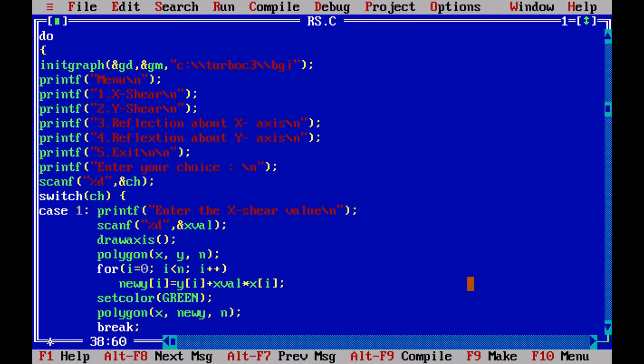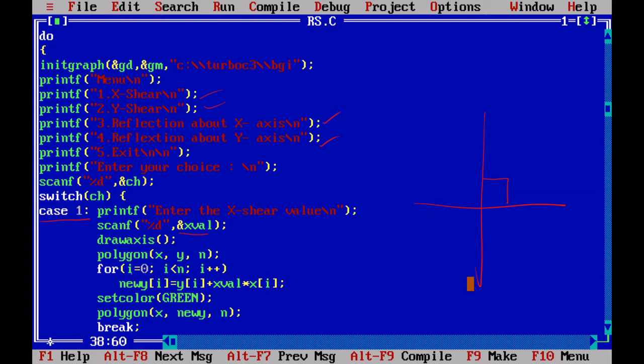Here also we are going to display a menu in an infinite loop: x shear, y shear, reflection with respect to x axis, reflection with respect to y-axis. If it is case 1, as I said, it is x shear. We will get input for the x shear value and we will draw the axis. After drawing the axis, we will draw the given polygon.